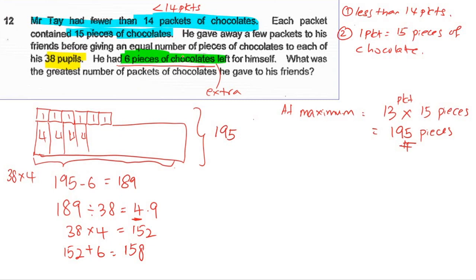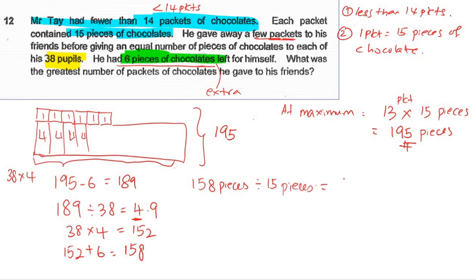Okay, but then he says that he gave a few packets to his friends. So if this is 158, and I gave a few packets to my friends, I still have 6 left. So if I have 158 pieces, I divide by 15, because one packet will have 15 pieces, correct?